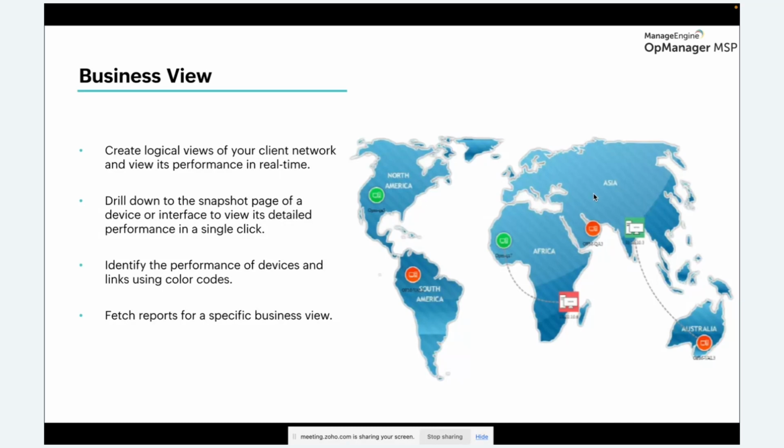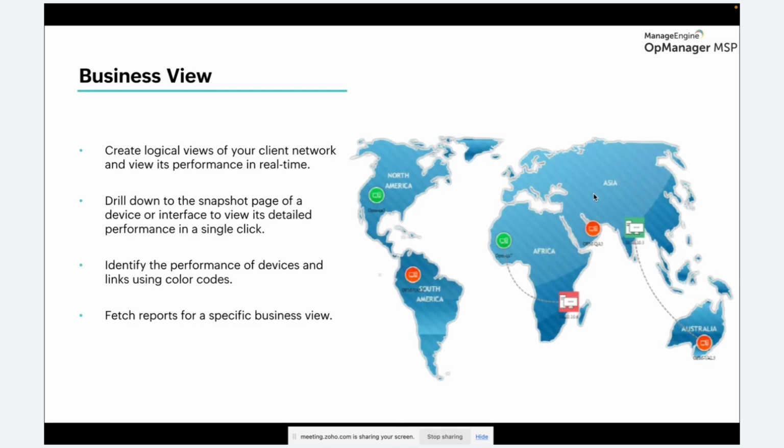And if you would like to make changes in the threshold or change the monitoring setting of an interface or device, simply click on it and you will be taken to the snapshot view of the device or interface. You can identify the status of a particular network component based on color coding.